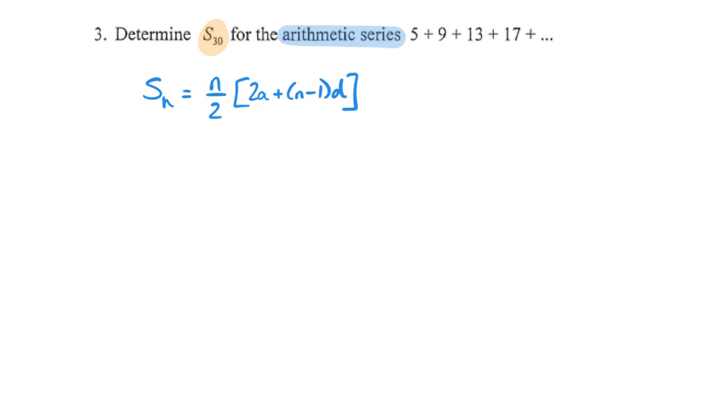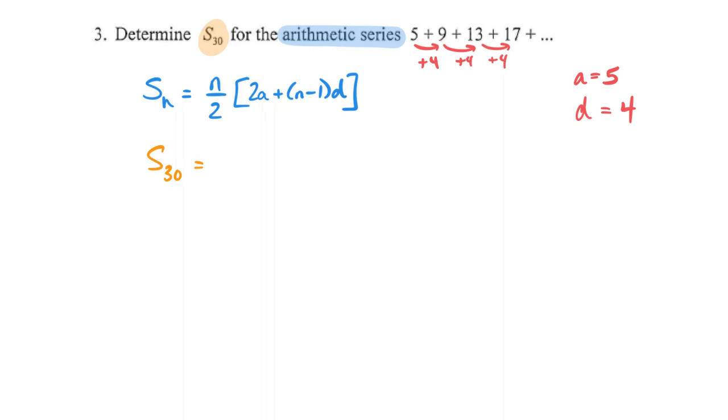Now, the problem specifically asked for the sum of 30 terms. So you know your n, but we don't have our a and our d. Now it's your job to look back up to that series and figure out what those are. We should be good that our a value is 5, and when you look at how you move from term to term, you should see that we are adding 4 every time. So our common difference is 4.